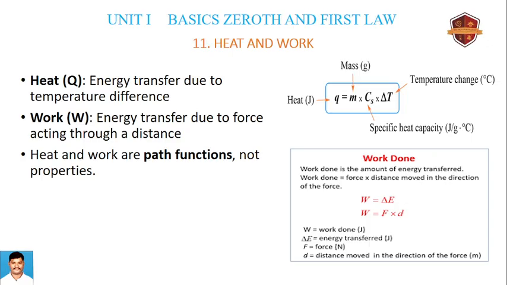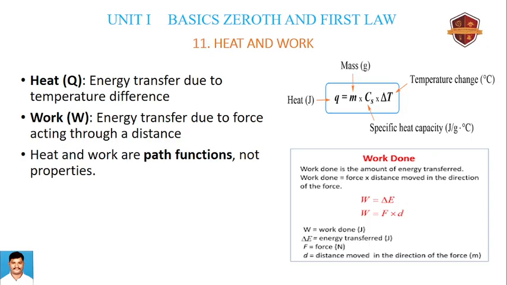Next one is heat and work. What is heat? Heat is energy transfer due to temperature difference. Heat energy: Q equal to m Cs delta T. Q means heat, the unit is joule. m means mass, kilogram or gram. Cs means specific heat capacity.